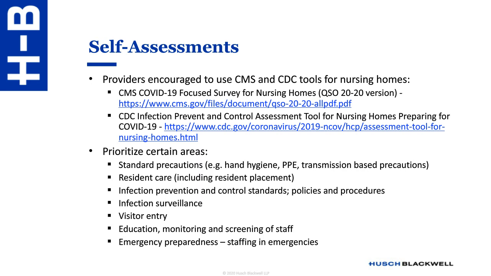Some areas to prioritize, and these are also areas where we're seeing folks have some survey enforcement issues, are standard precautions. So that's hand hygiene, PPE, transmission-based precautions. What's setting in now, since this has been going on since February or March, is that we're seeing healthcare staff have what's called caution fatigue. It's exhausting to constantly try to be in a state of readiness and using all of these protective measures.